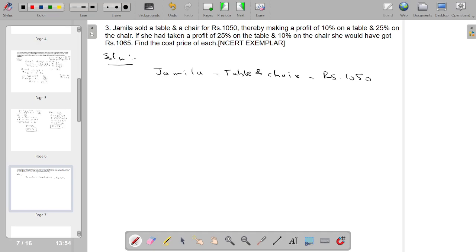Earlier she booked 10% profit for the table and 25% profit for the chair, and for the price 1050 she got this much profit. Instead, if she had sold the table at 25% profit and the chair at 10% profit, she would have got the price 1065.